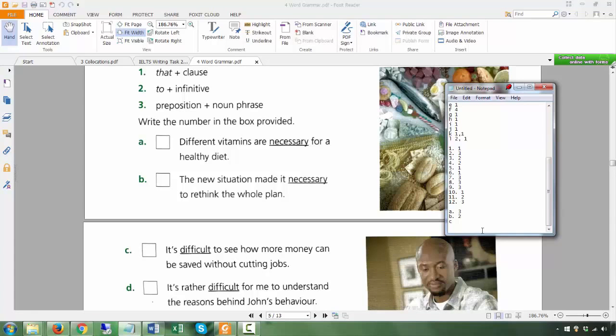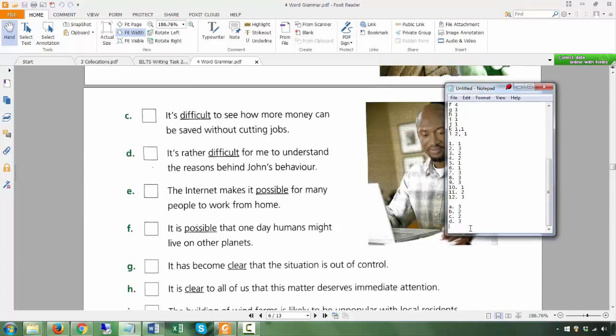C, difficult to see. That's a 2 plus base verb. Difficult for is a preposition. Okay, so again, same words, different patterns. E, internet makes it possible for, again this will be preposition, and then another possible, this one's another pattern, that, which is number 1, F, number 1.